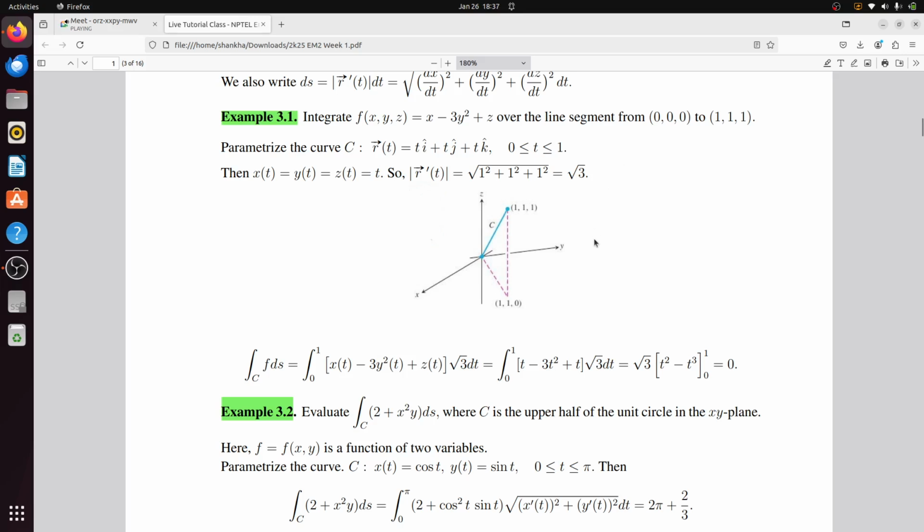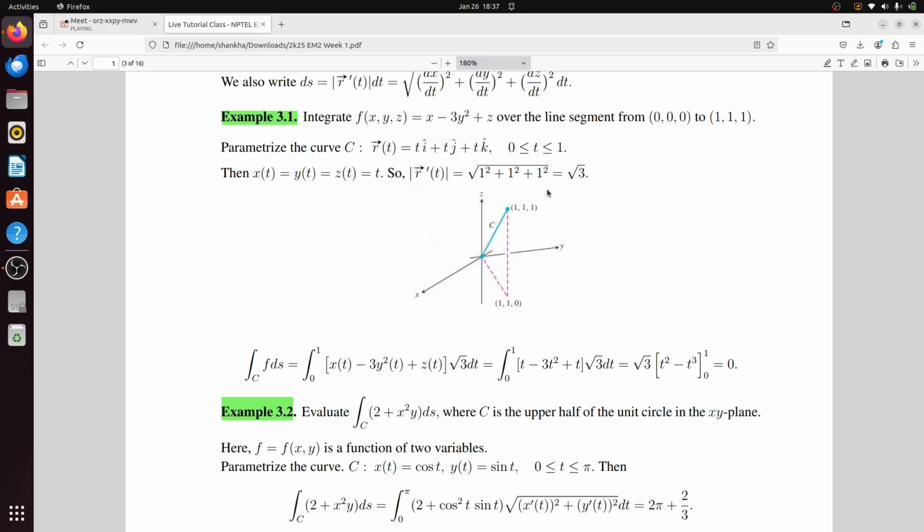You can also take other ways, like varying t from 0 to 1 by 6, taking 6t, 12t, 18t, then also it works, but mostly we take the simplest one.